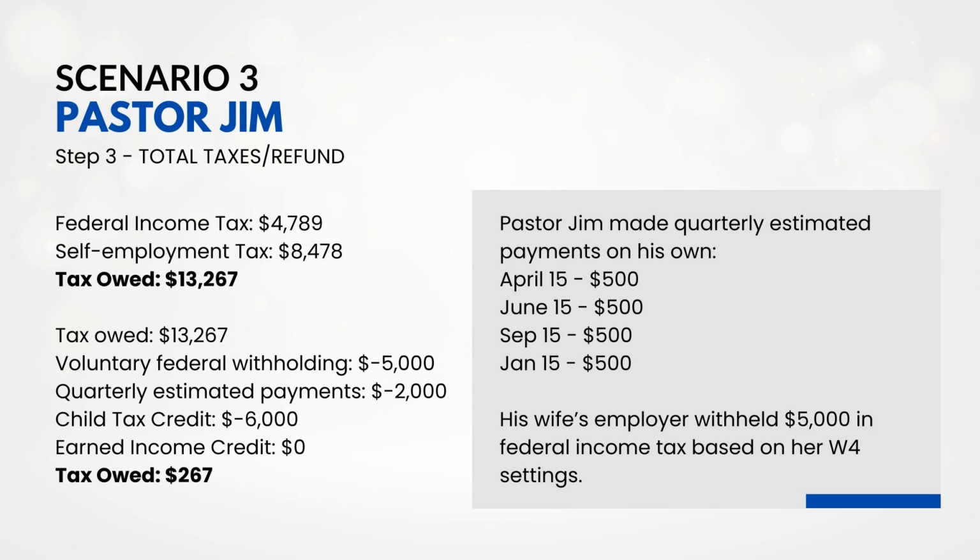As a result, they are left owing the IRS $267 by April 15th. Pastor Jim and his wife did an excellent job planning ahead and estimating their tax payments, so they did not end up with a significant tax bill at the end of the year.